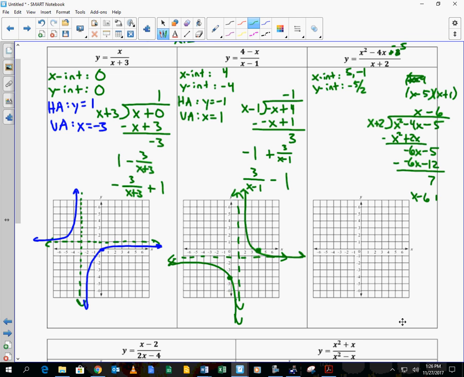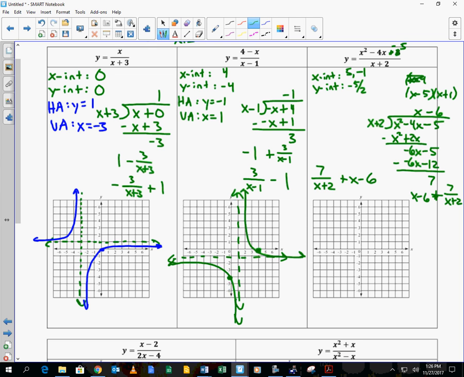Very good. Okay, x minus 6 plus 7 over x plus 2. Or I could write that as 7 over x plus 2 plus x minus 6. Okay, so before, you're pretty good.